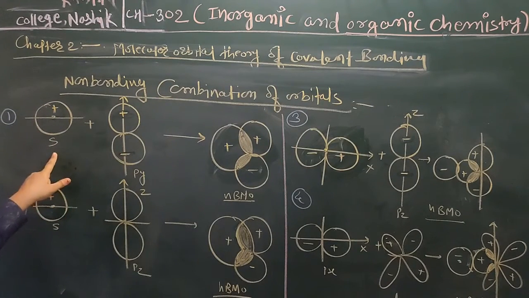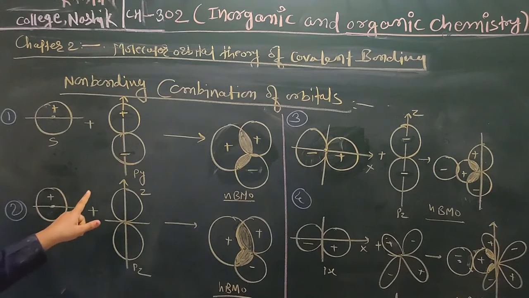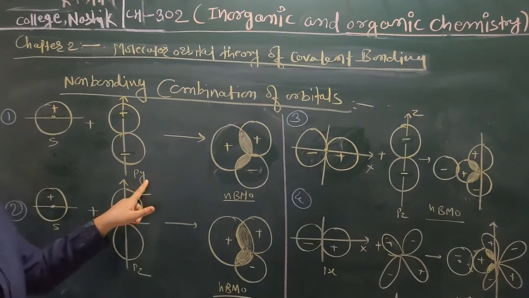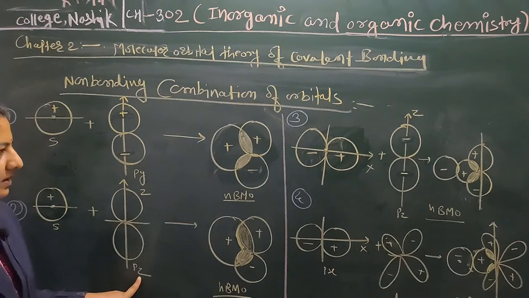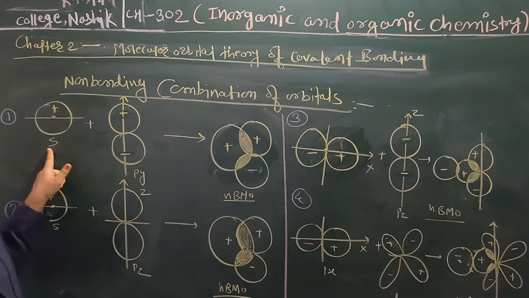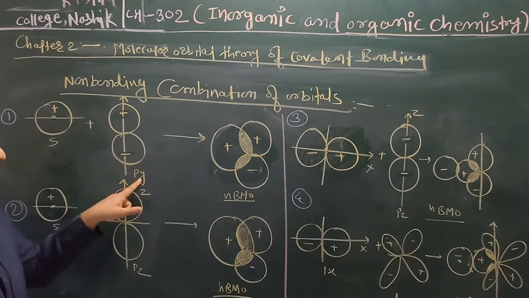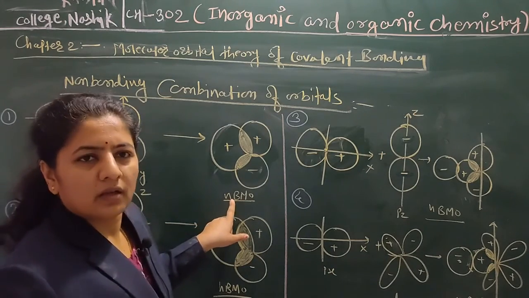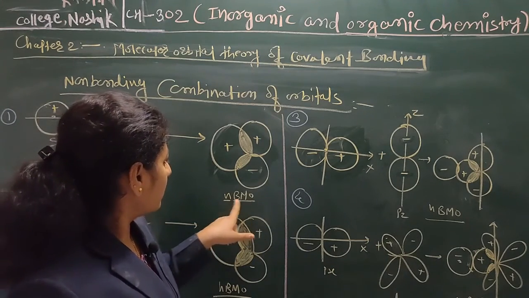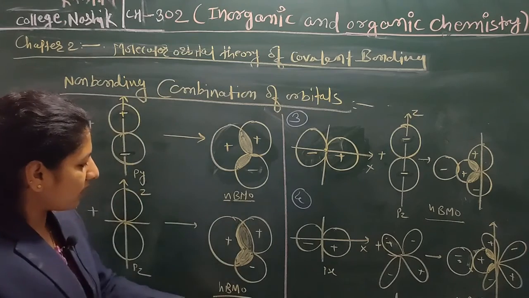These are the cases where there is a formation of non-bonding combinations of orbitals. Here an s orbital is combined with a py orbital, and that is a non-bonding molecular orbital.